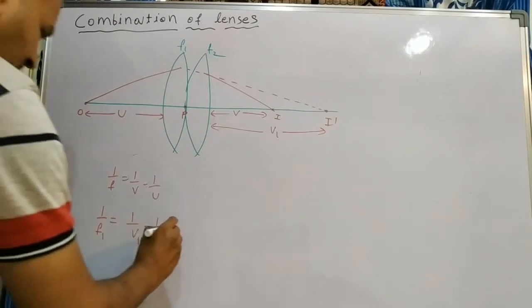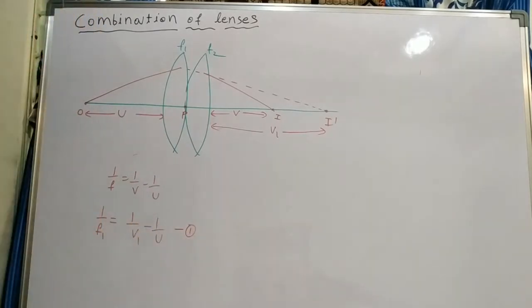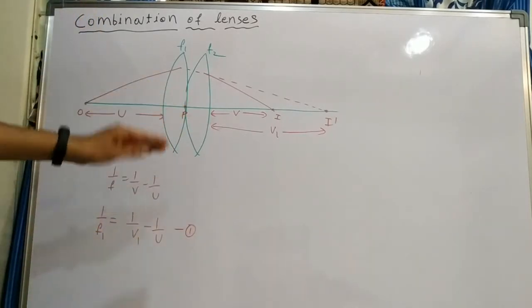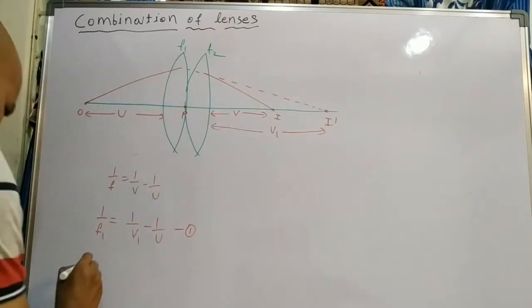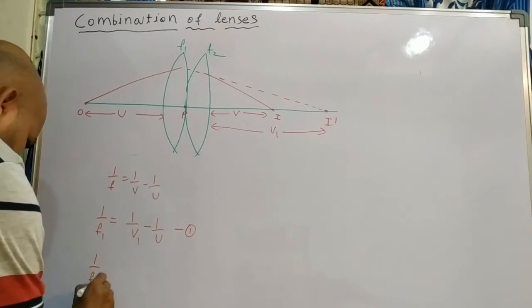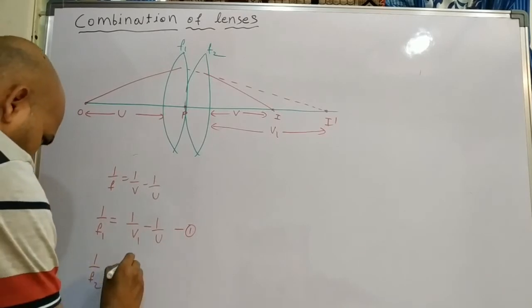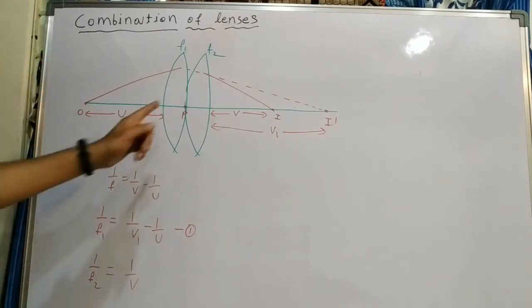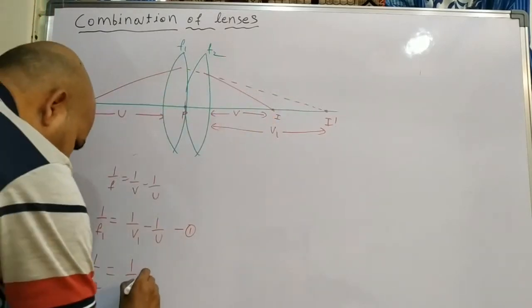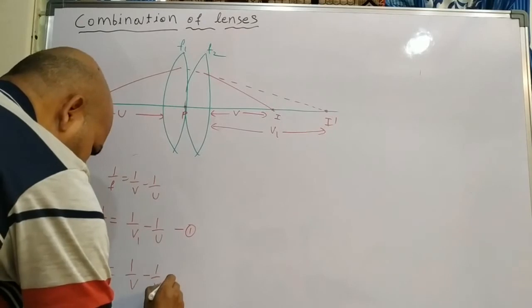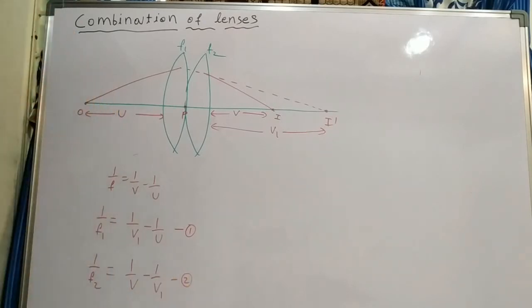This is equation number 1. For the second lens, we already discussed, I dash is the object and I is the image. So in that case 1 by f2 is equal to 1 by v, the image forms at v distance, and the object distance is v1, minus 1 by v1. This is the second equation.